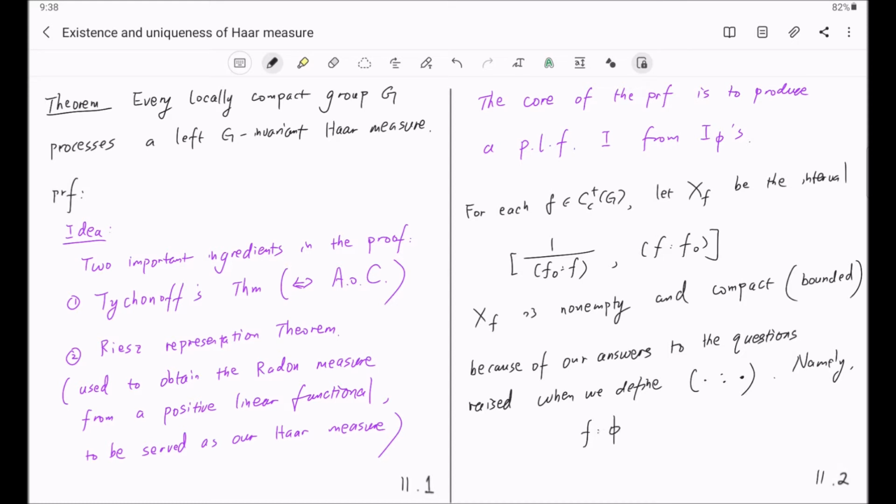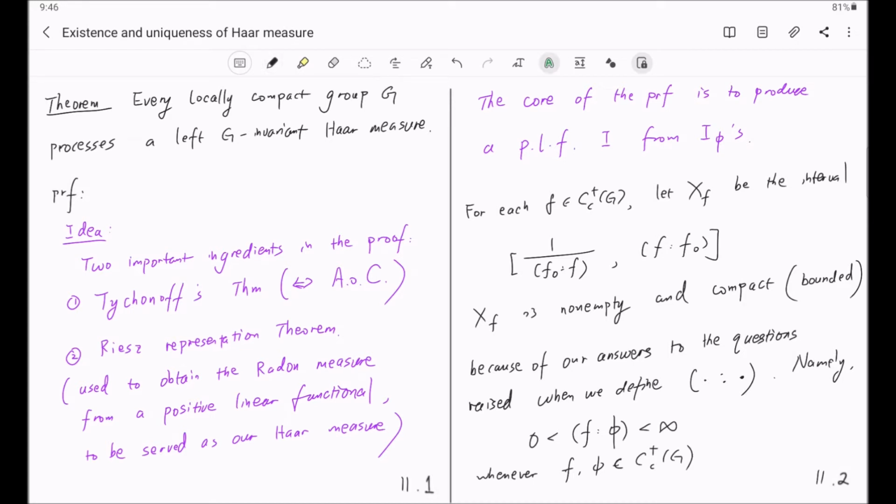Namely, (f : phi) is strictly greater than 0 and strictly less than infinity whenever f, phi are in CC plus of G. Now, because f and f naught here are both in CC plus G, this thing and this thing are both numbers strictly between 0 and infinity. So it makes sense to define it in this way.